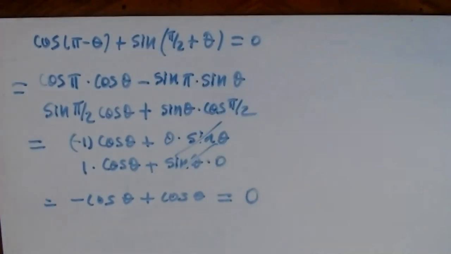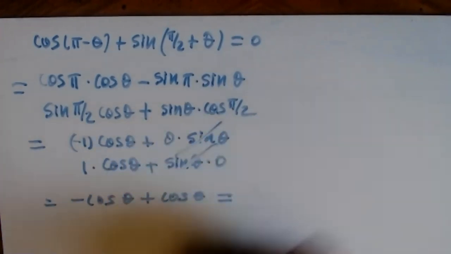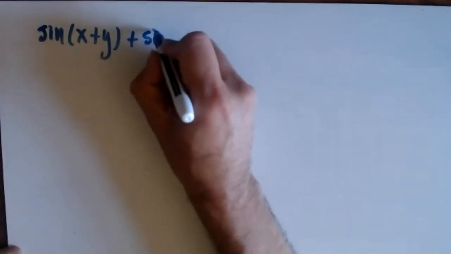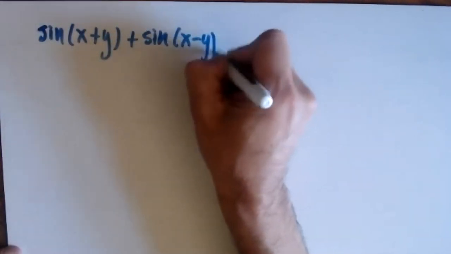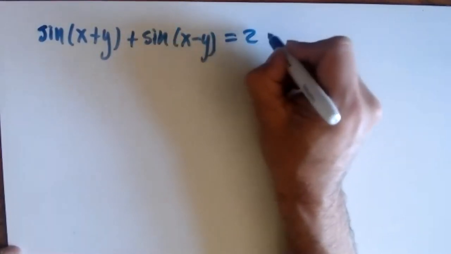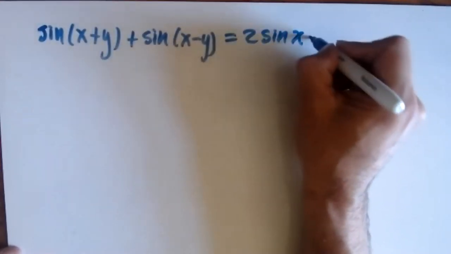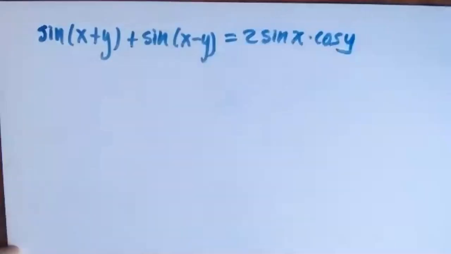Simple thing. The last one we're going to prove today, let me just use a different color. This is done. Sine of x plus y plus sine of x minus y is the same as twice sine x times cosine y.